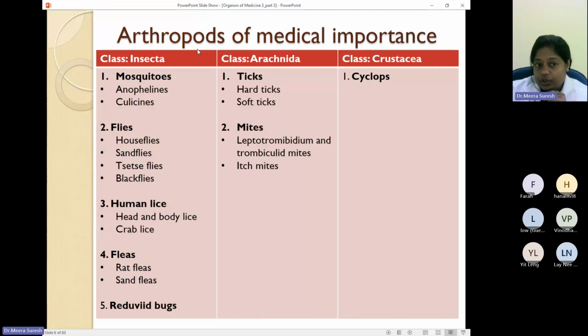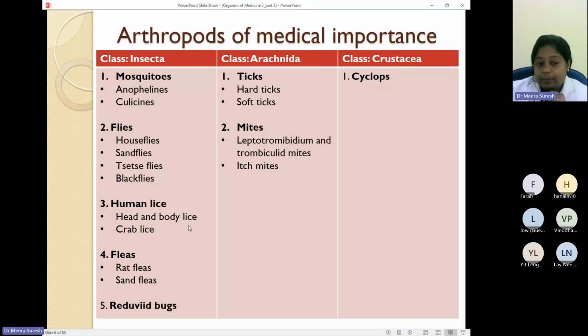So, what are the arthropods of medical importance that we have to learn? Mainly, they belong to three classes: the class Insecta, the class Arachnida, and the class Crustacea. In class Insecta, we have the mosquitoes, Anopheles, Culex or the culicines, and also Aedes and Mansonia. In flies, we have house flies, sand flies, tsetse flies, black flies.